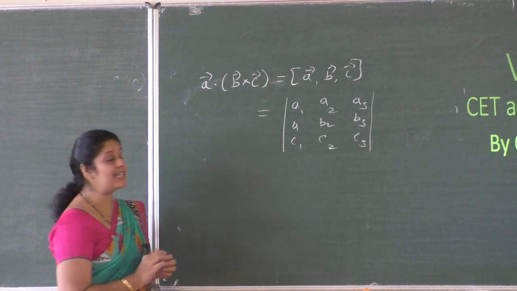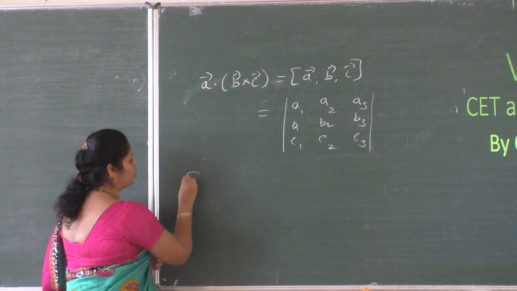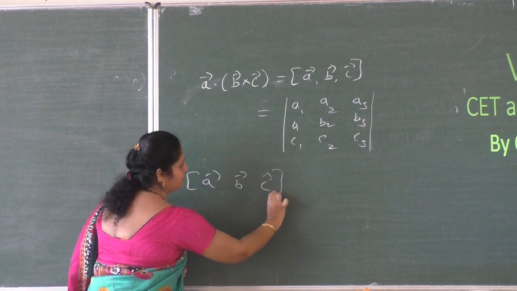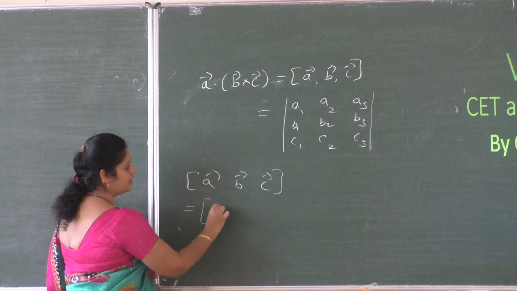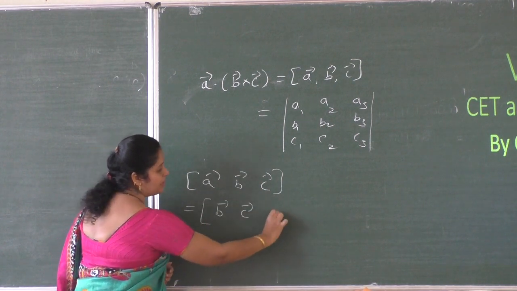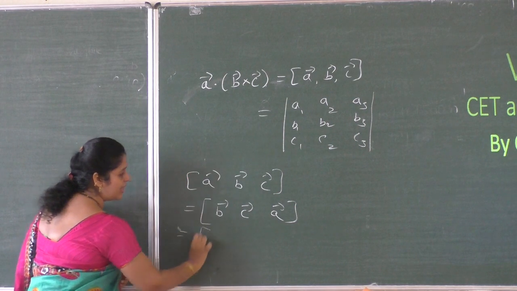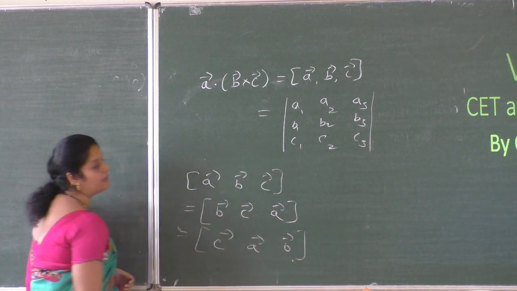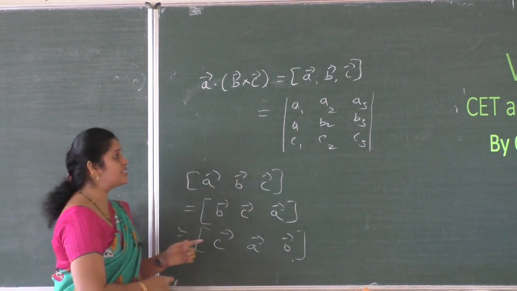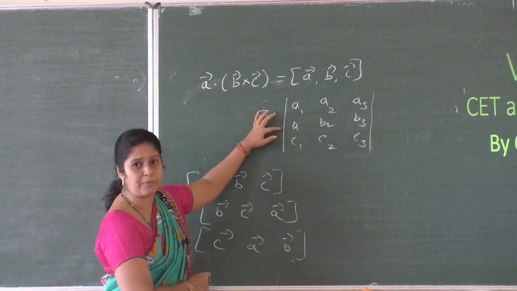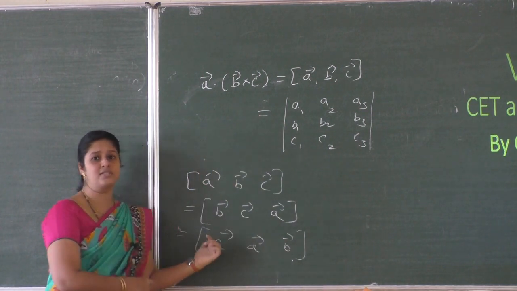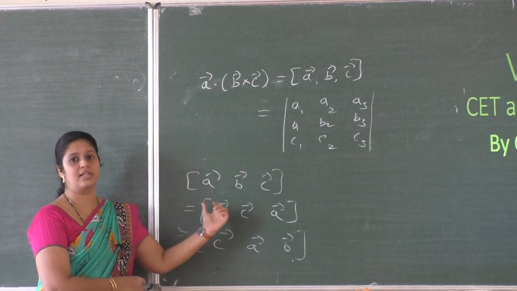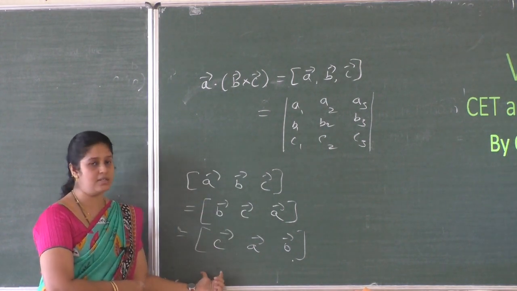And also cyclic permutation: if you take a cyclic permutation, this is the same as B, C, A, then C, A, B. If you interchange any two rows here, according to the property of the determinant, you have to put a minus sign. So only if you are taking three vectors in a cyclic order can you write these cross products as equal.